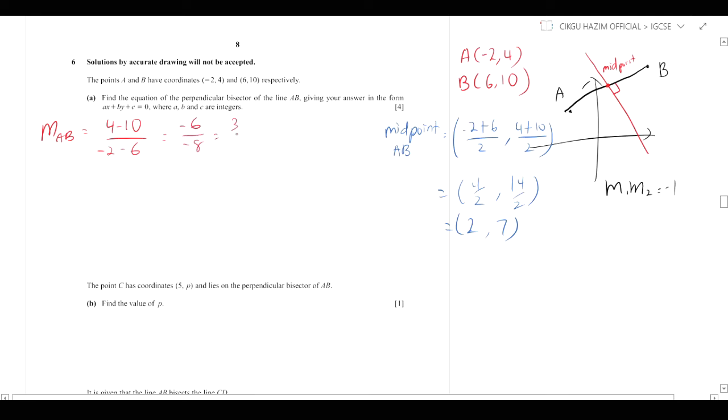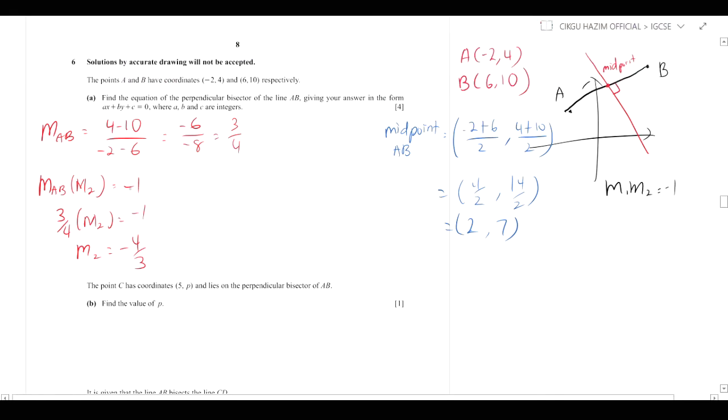We have 3 over 4, positive 3 over 4. That's the gradient of AB. So to find m2 here, m AB multiplied by m2, which is perpendicular, equals negative 1. So 3 over 4 multiplied by m2 equals negative 1. That means the perpendicular gradient would be negative 4 over 3.